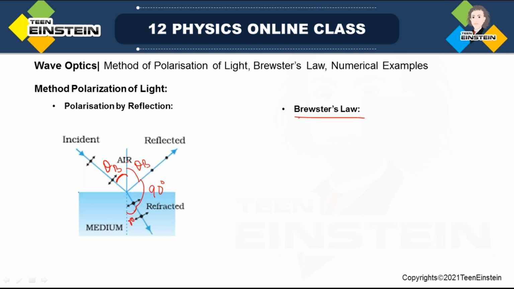If this is 90 degrees, this line has a total angle of 180 degrees.